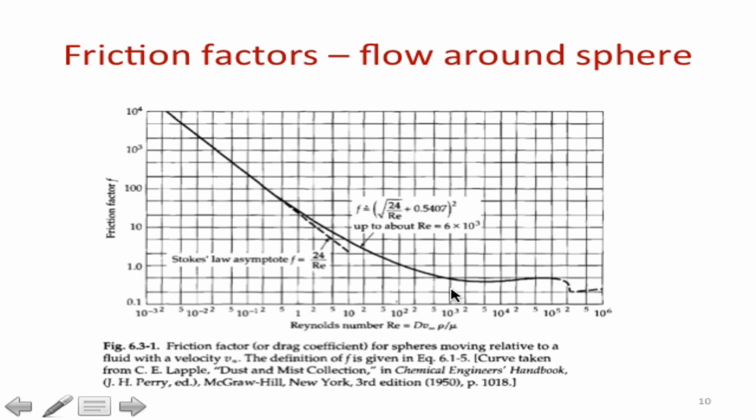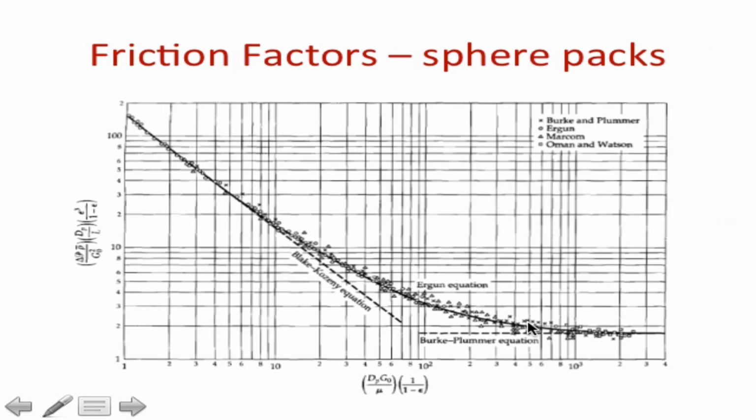This line here, again, is fit to experiments. So it's fit to experiments, and then after some point, you can just really use a constant number if you wish. Okay? So we will go into a little bit more detail for this. And finally, for sphere packs, same thing. Here we actually have the experimental measurements.